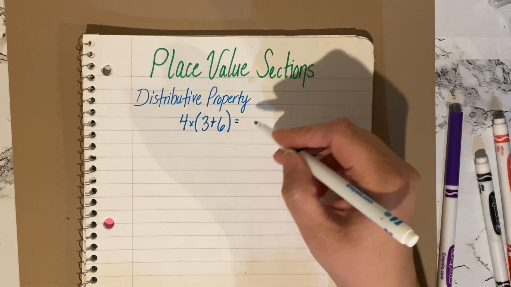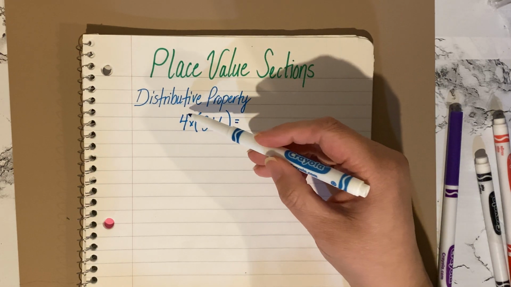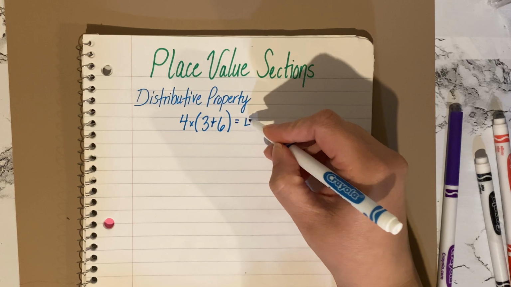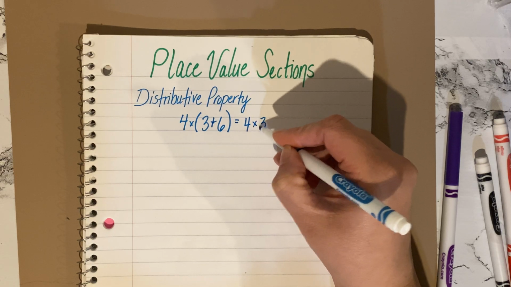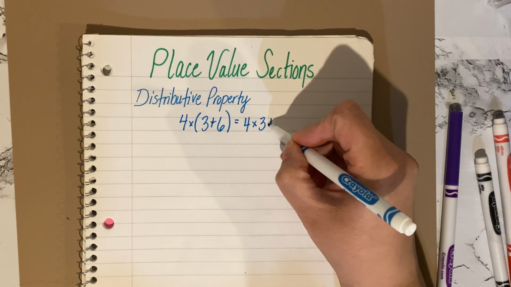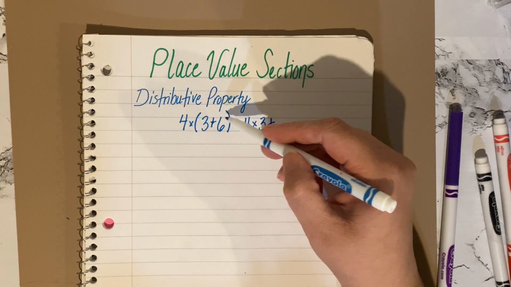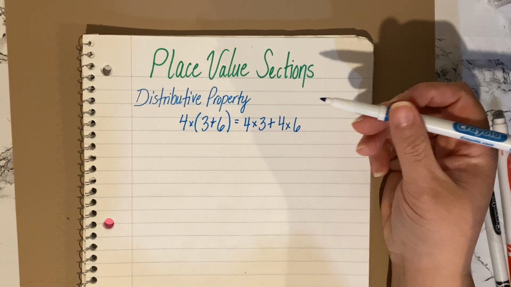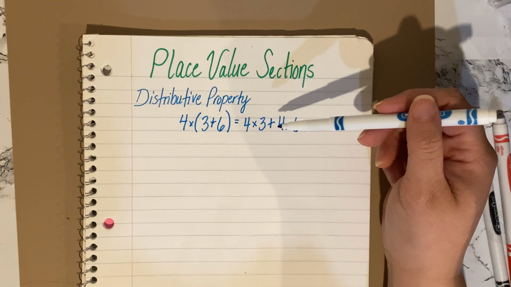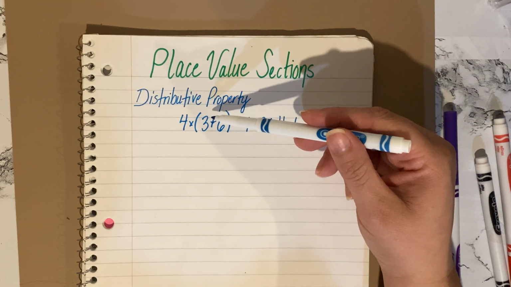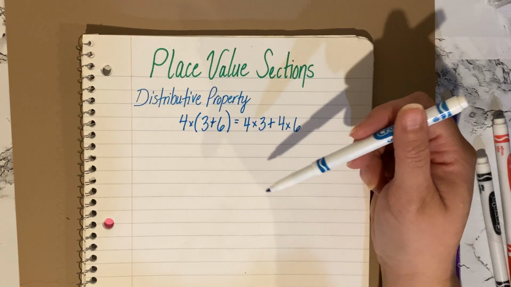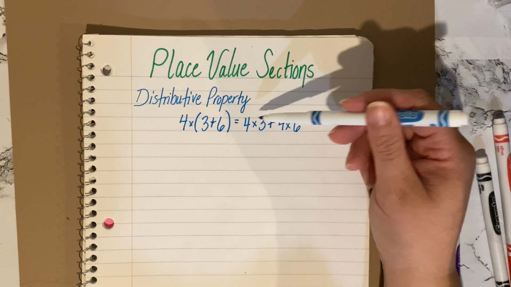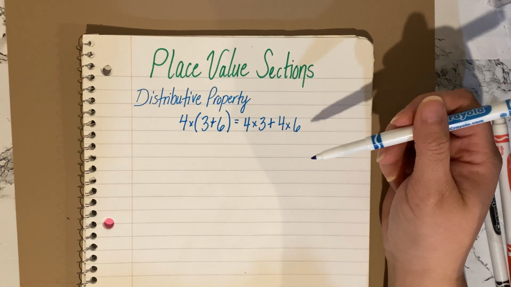So what this ends up looking like is 4 times 3, bring that plus sign over, plus 4 times 6. And then you can solve the problem and you'll get the same solution as if you did 6 plus 3 times 4 by doing 4 times 3 plus 4 times 6.